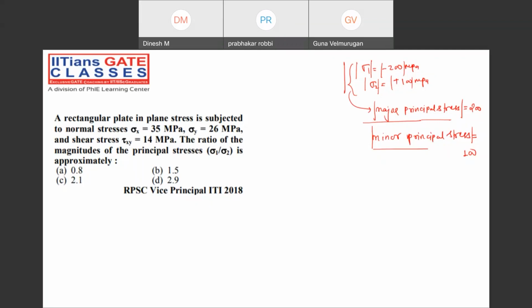Let me know quickly so that we can discuss the Mohr circle also. You can take a little bit of idea about the Mohr circle. That is one of the important concepts actually.